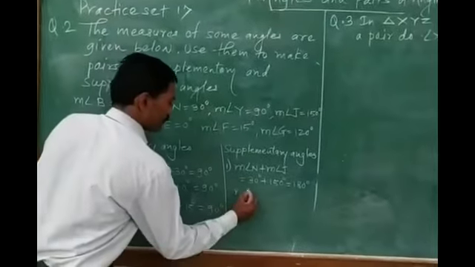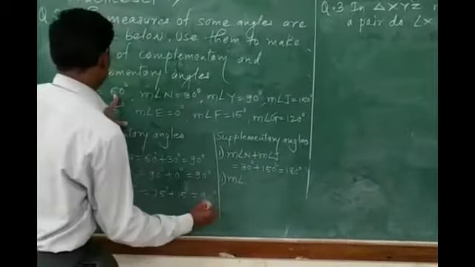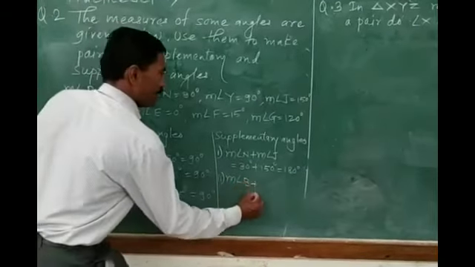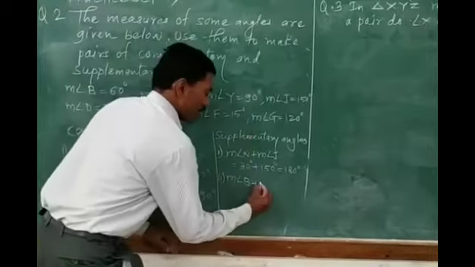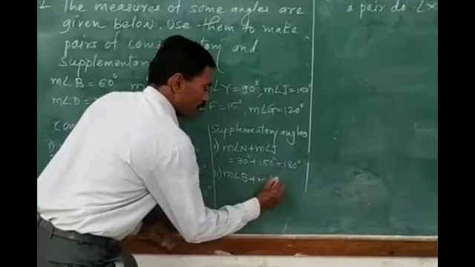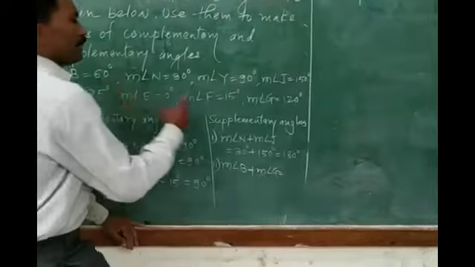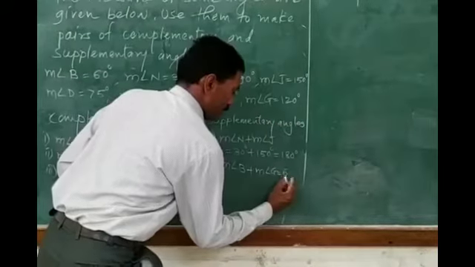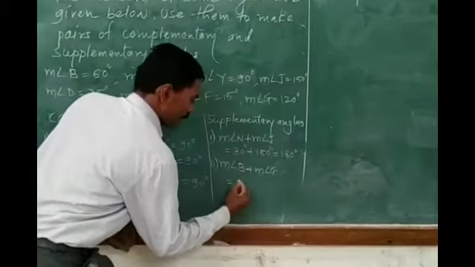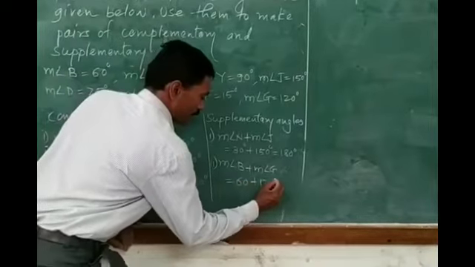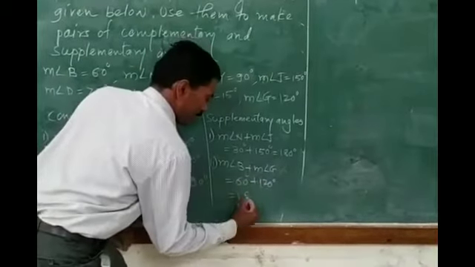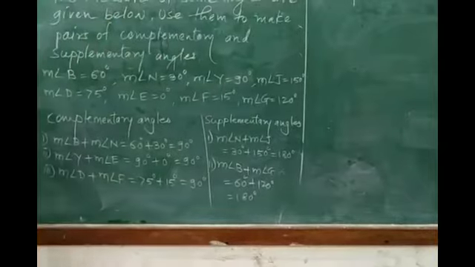Second pair is measure of angle B plus measure of angle G is equal to 60 plus 120 is equal to 180 degrees.